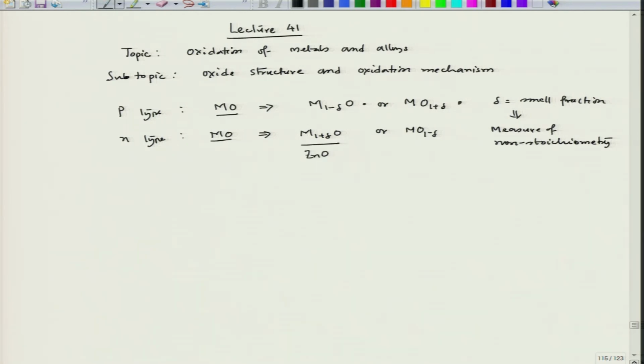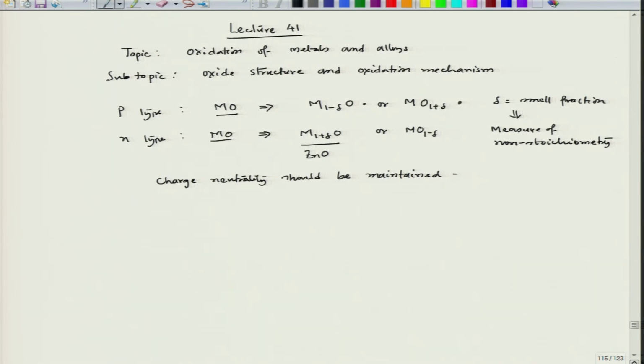One classic example is zinc oxide, and in this oxide we could see that the extra zinc cation that is present in the oxide lattice goes to interstitial, and because you have extra metal cation, in order to fulfill the charge neutrality of the oxide, the concept is that charge neutrality should be maintained, whether it is metal deficient or metal excess or oxygen deficient or oxygen excess, that oxide should be neutral.